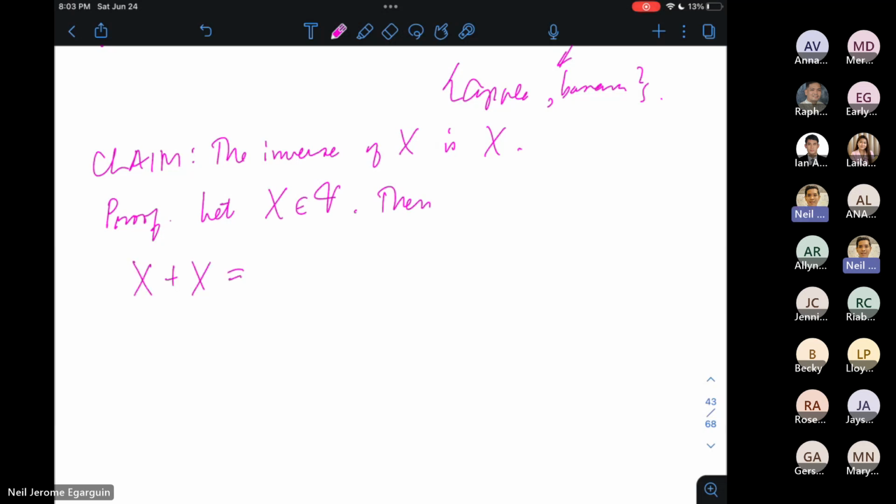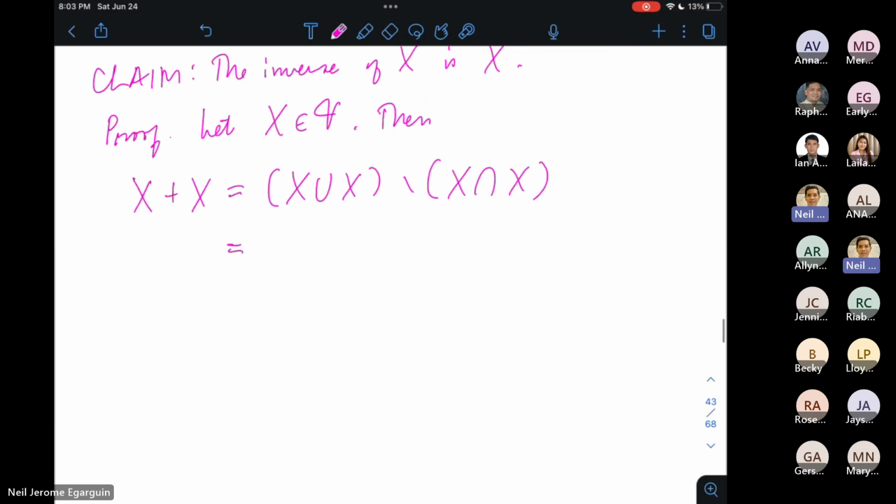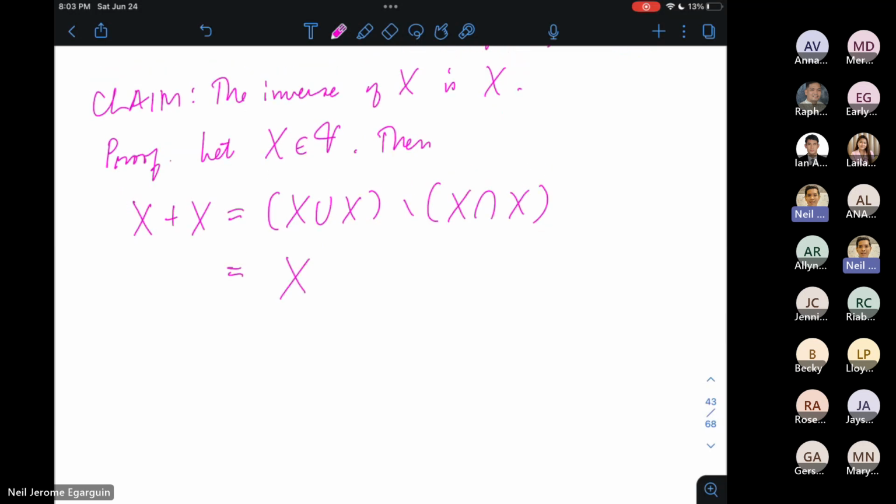And by definition, x plus x is x union x minus x intersection x. Ang x union x ay x. Ang x intersection x ay x din. Tapos x minus x ay empty set, right? So therefore, we can say that the additive inverse of x, which is written negative x, is equal to itself.